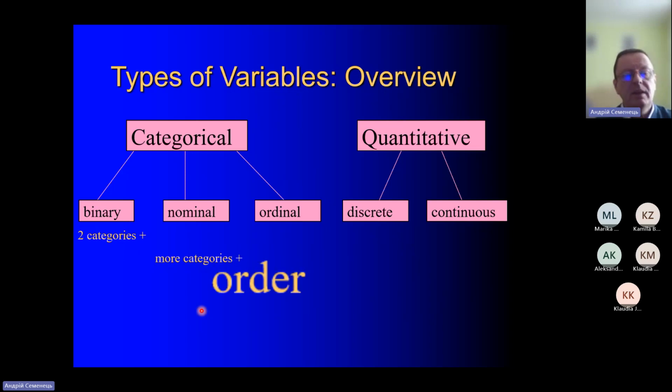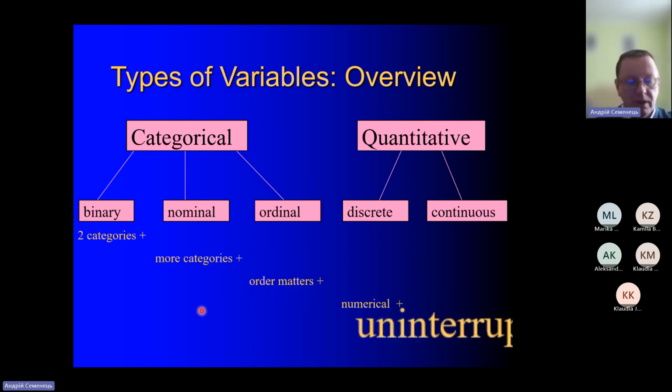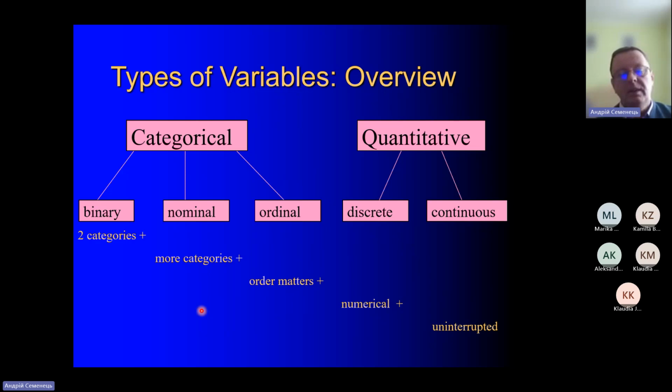So binary, we are talking about two possible values, like yes or no, true, false, male, female, etc. And nominal, we have multiple different characteristics. And in ordinal we add a specific order for those characteristics.